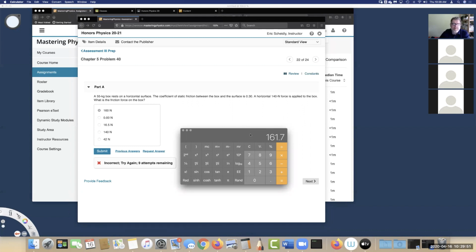55 kilogram box, the static coefficient of friction between the box and the surface is 0.3. I did 0.3 times mg.